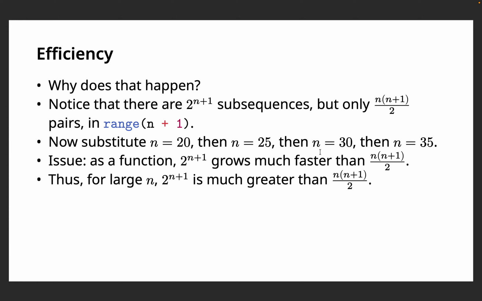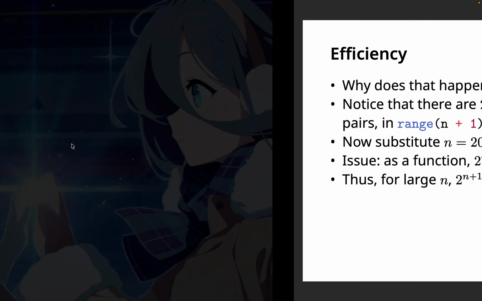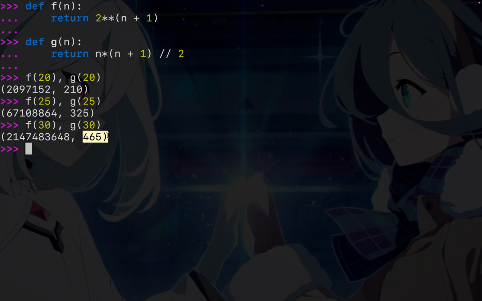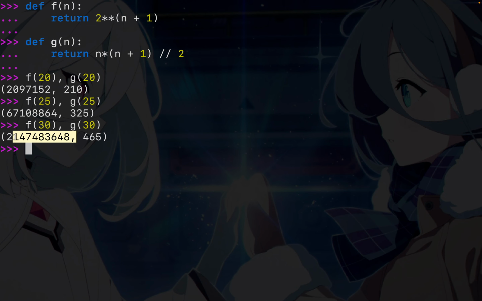And because of that, for larger inputs, you're doing this many operations for the first implementation, while you're only doing this many operations for the second implementation. So they're very different numbers, which explains why one of them is a lot faster than the other.